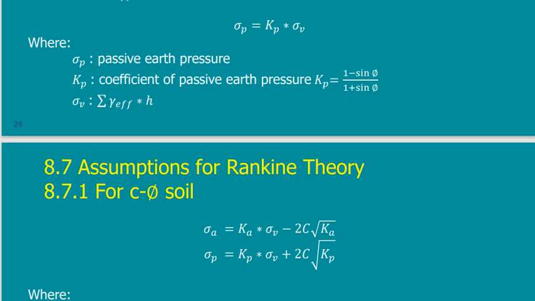So if I use this equation at ground level, this term will be equal to 0, but this term will have a value. It means that starting from the top of the wall, there will be a separation, because I have a negative earth pressure, so the soil is retreating back.